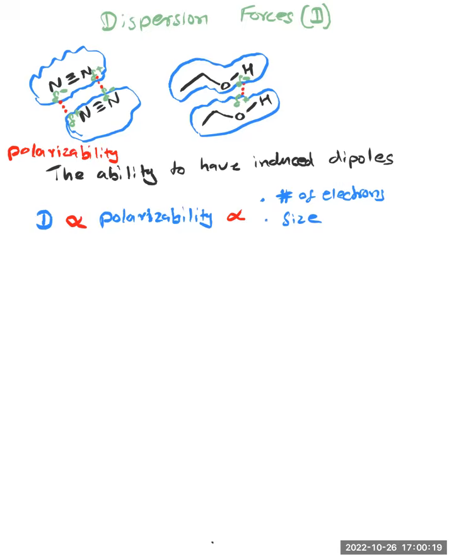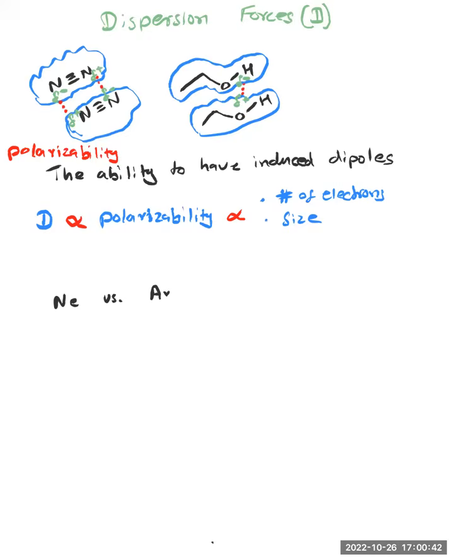Why? They have electron clouds that can be perturbed to have induced partial charges, and those opposite partial charges of nearby atoms can be attracted to each other. So let's consider neon versus argon. Now what we want to do is determine which one should have stronger dispersion forces.